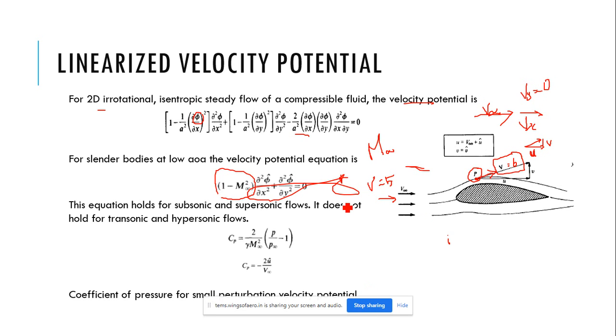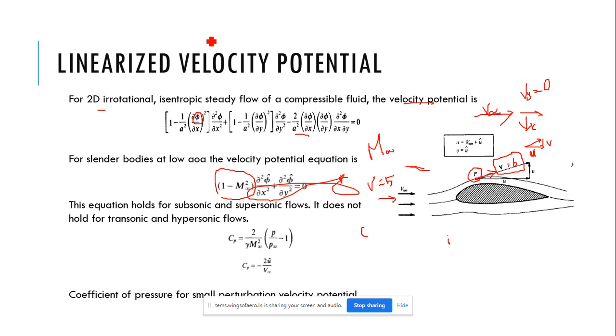That's why we have compressibility correction factors, and even for finding the Cp value, incompressible flow has a Cp formula and for a compressible flow the Cp formula may differ. That's why we are studying here.